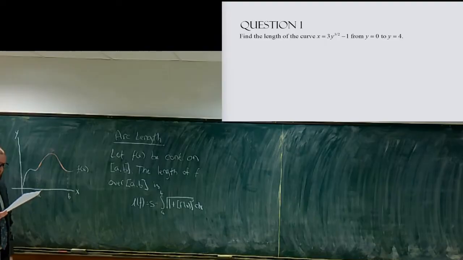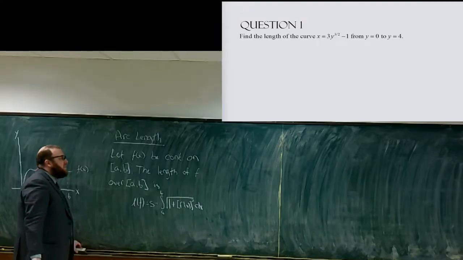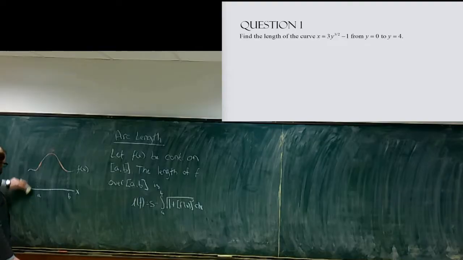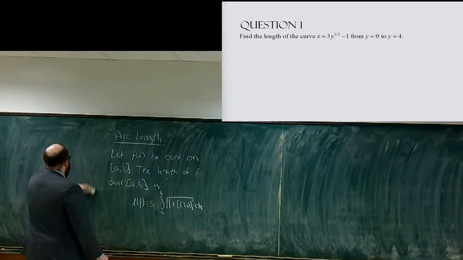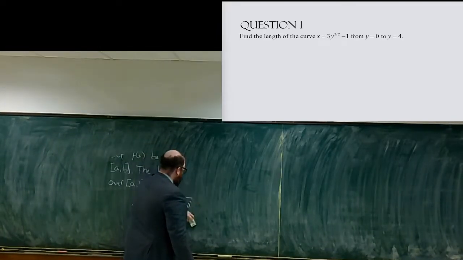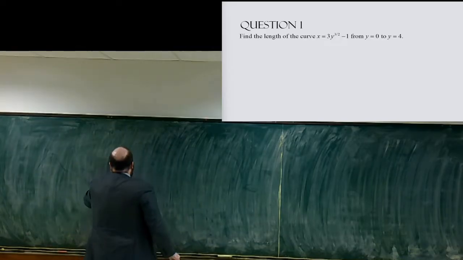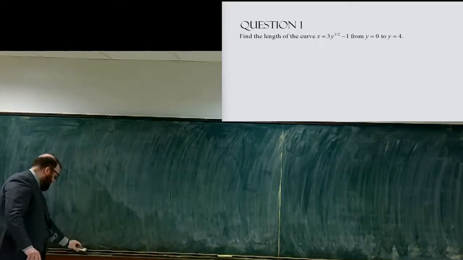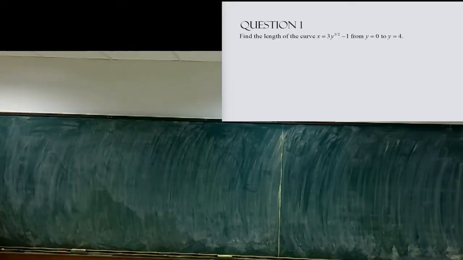We've got to find the length of the curve x equals 3, y to the 3 halves minus 1, from y equals 0 to y equals 4. In this case, our function is a function of y.